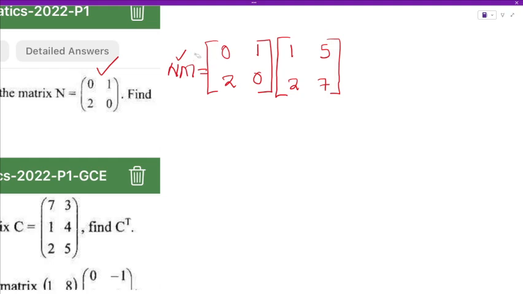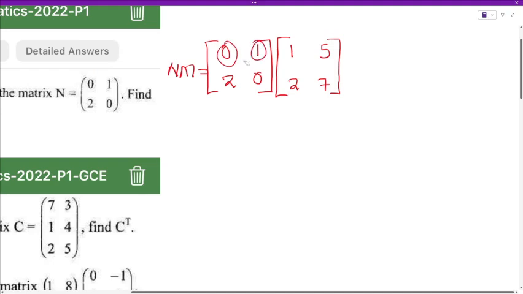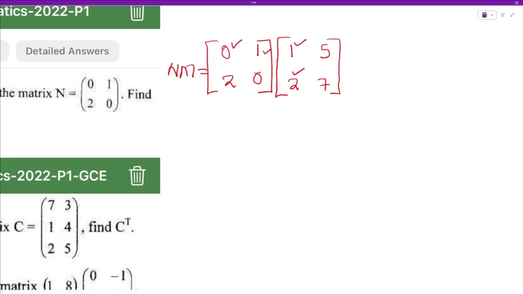If in your row you have 2 or more entries, you simply need to put a plus after multiplying each entry with another entry. So we're going to say 0 times 1 plus 1 times 2. That is because in the row we are multiplying, we have 2 entries there.